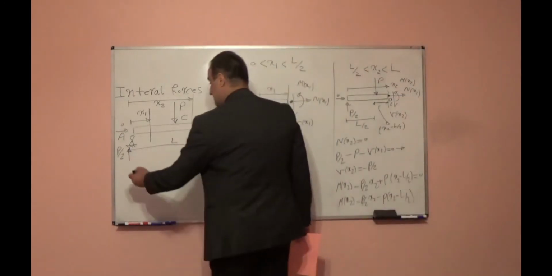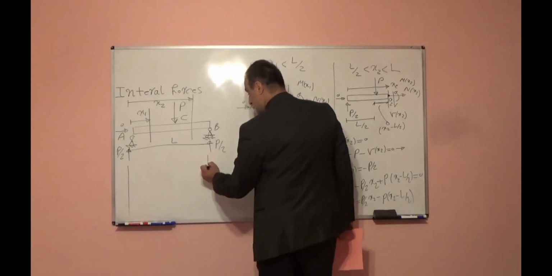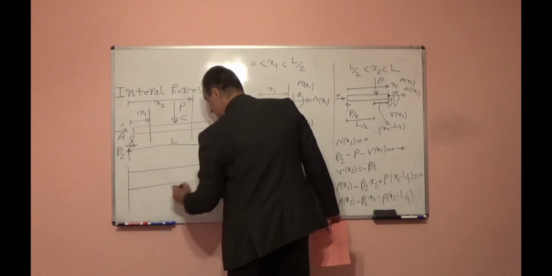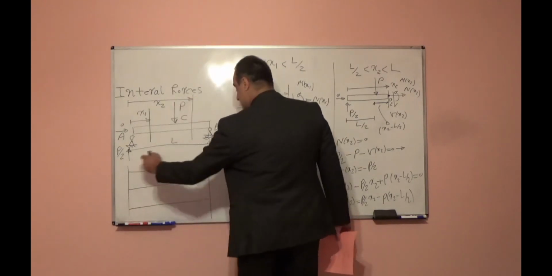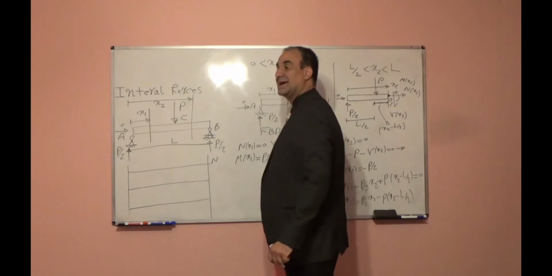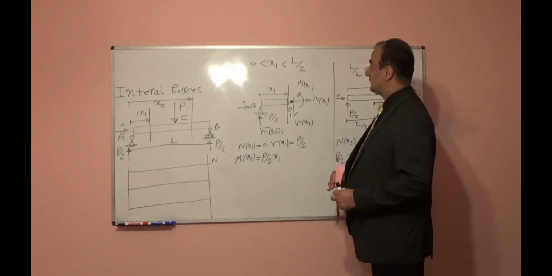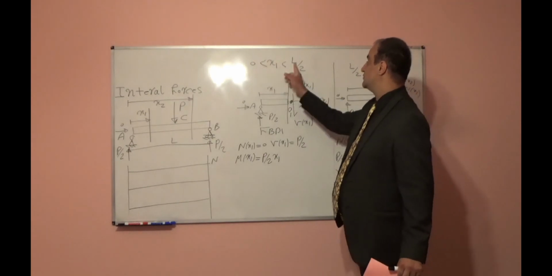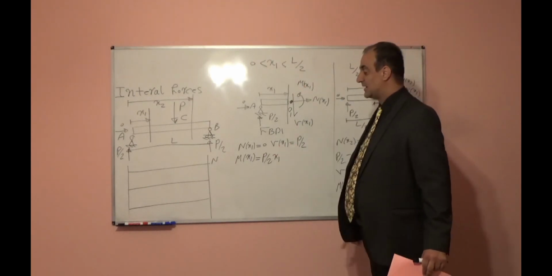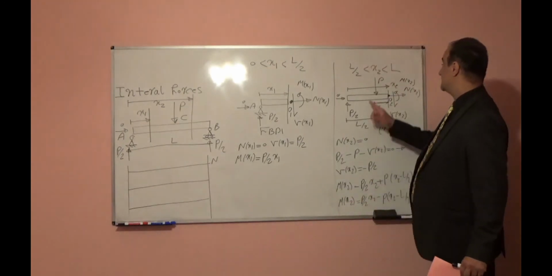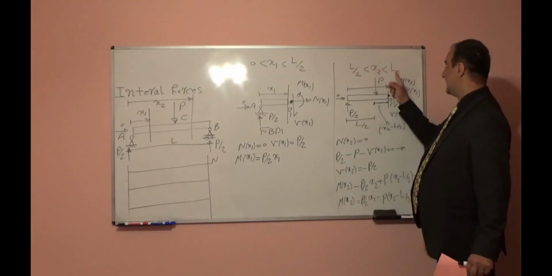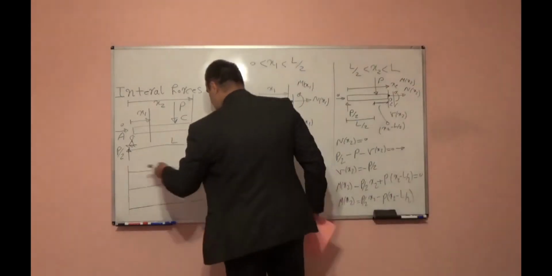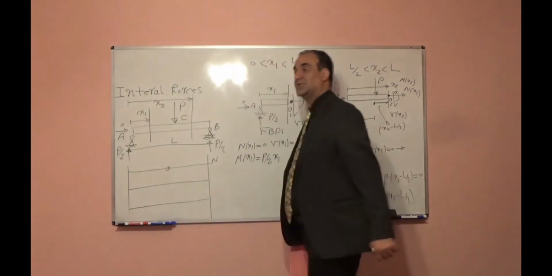Now, let's draw a variation of this function along the beam. This line I will show an axial force. Axial force means N. In the region from 0 to L over 2, it is Nx1, it is 0. In the region or domain of L over 2 to L, we show it Nx2 and again it is 0. So entire beam axial force is 0.